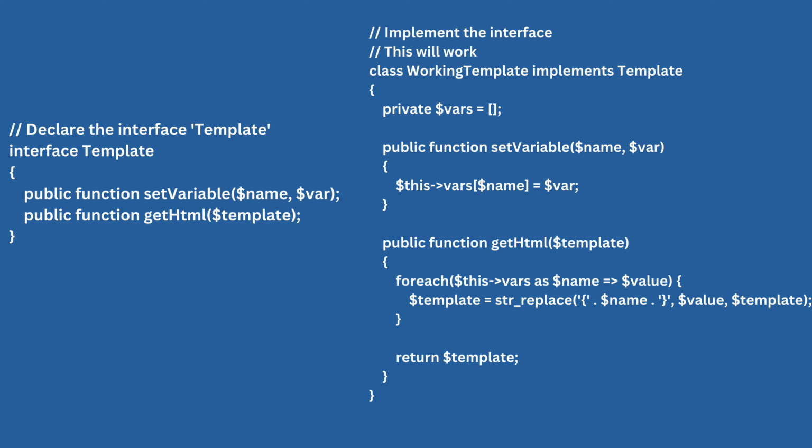Suppose today you are developing a project, and the interfaces are already prepared. When a new developer comes and starts to write a new class, they will see that this interface is there and these two methods are mandatory to define in the new class. Without writing these two methods, my class is not going to complete. So in that scenario, you have to use this template or interface.